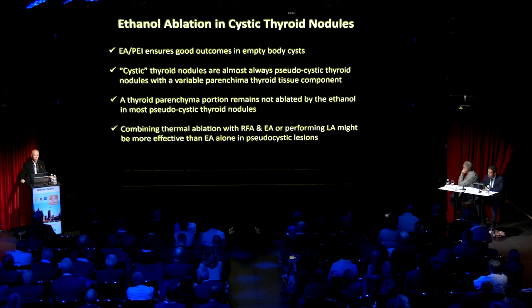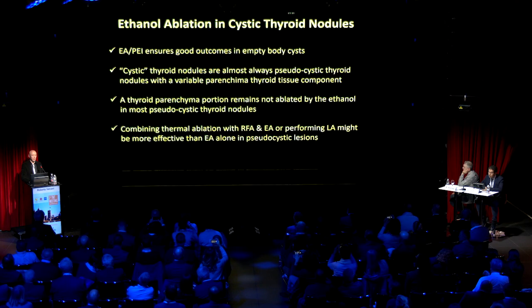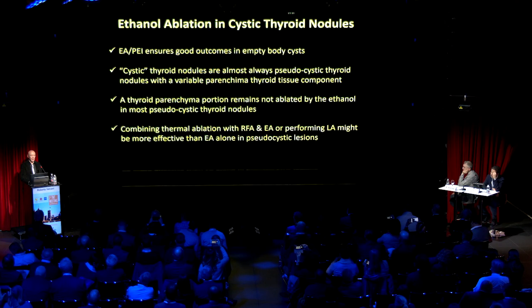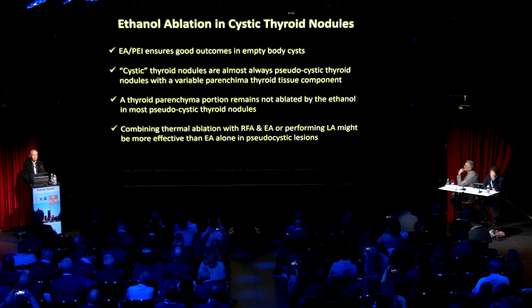So, in conclusion, ethanol ablation, or PEI, ensures good outcomes in anechoic cysts. So they are candidates. Cystic thyroid nodules are almost always pseudocystic thyroid nodules with a variable parenchyma tissue component. A thyroid parenchyma portion remains not ablated by the ethanol in most pseudocystic thyroid nodules.